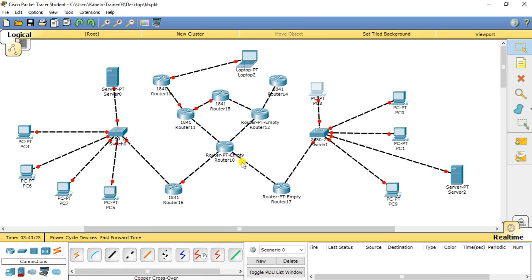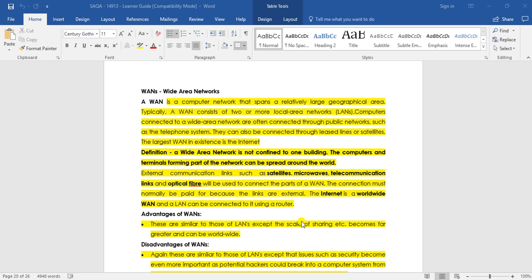Then that packet will be sent, hopping from one router to another until it reaches the United States, to the Google domain. So let's go back to our learner guide.